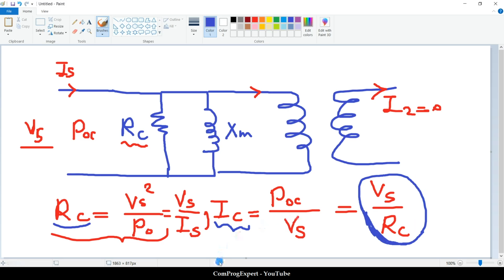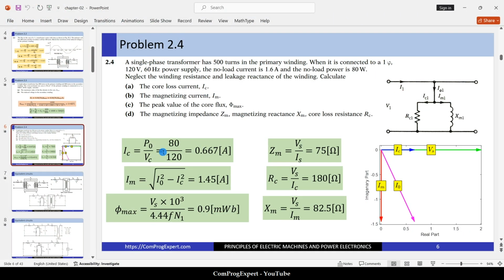So here I calculated the value of the IC, this current that is in the same phase as the input voltage Vs, equal to 80 divided by 120, that is equal to 0.66.